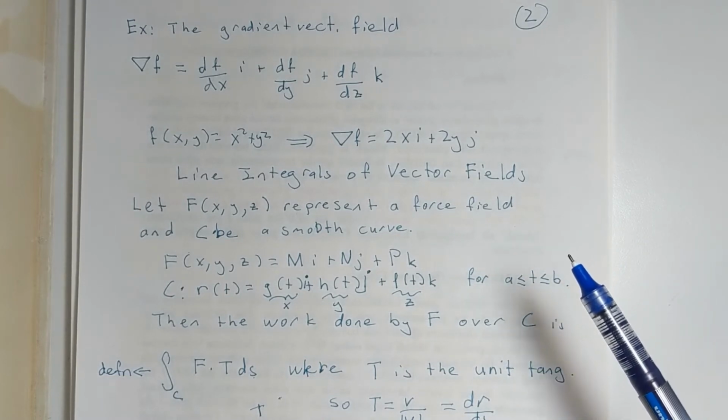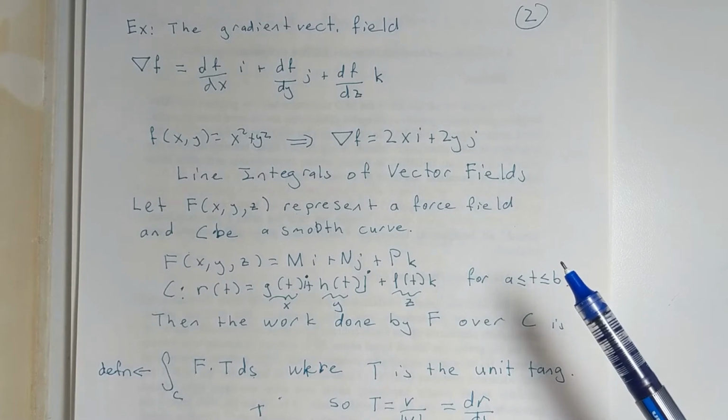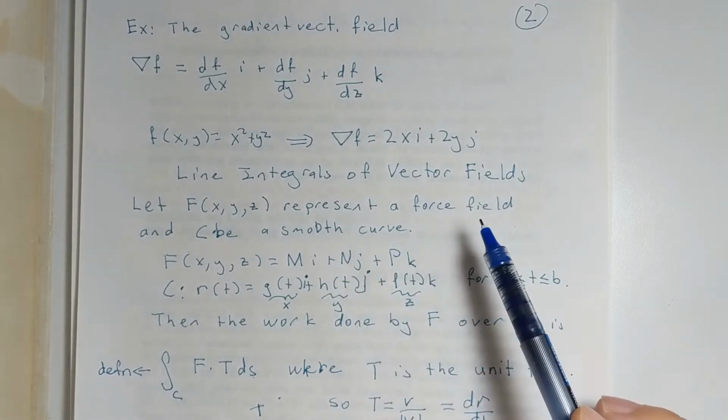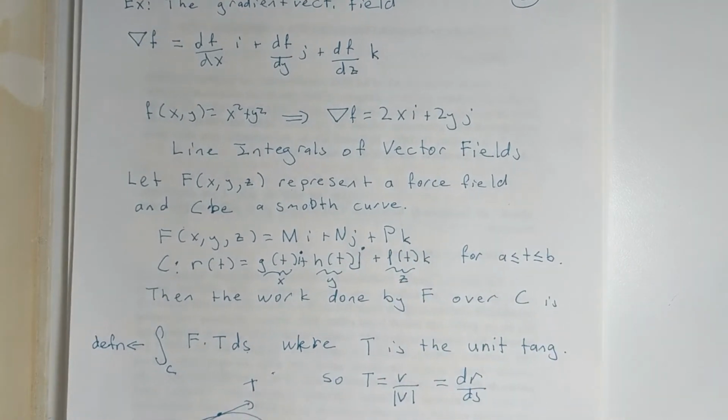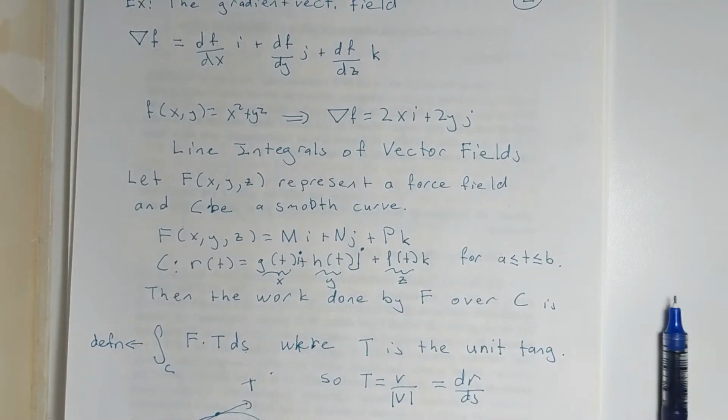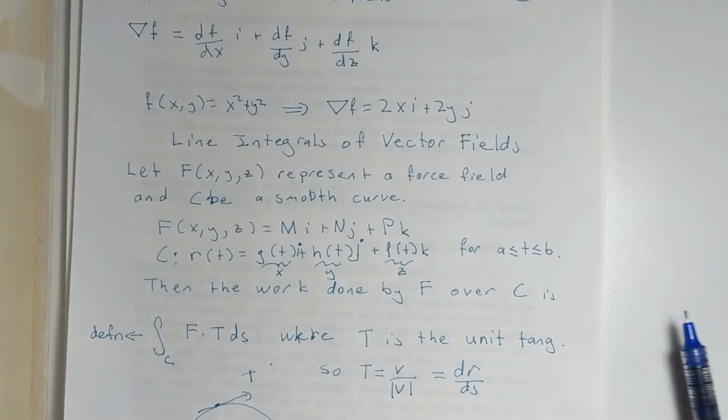Well, one of the applications for vector fields is calculating the work on an object. So let F of x, y represent a force field, and let C be a smooth curve. So it's got continuous derivatives, and none of them are 0 at the same time. Basically, it's a nice differentiable function without any corners.